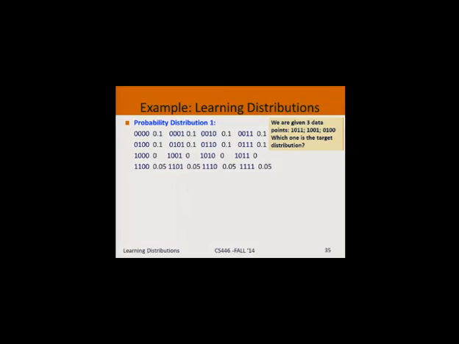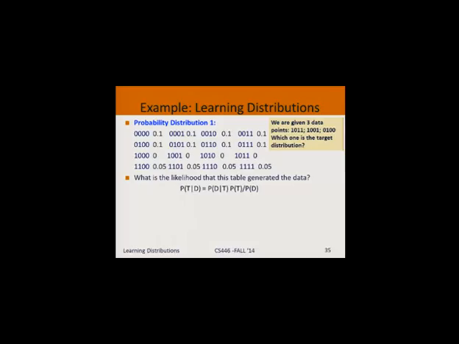Why 0? Because 1011 is a data point and cannot be generated by this probability distribution. Right? So that solves it.